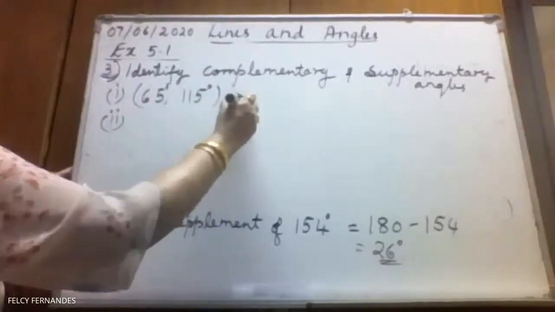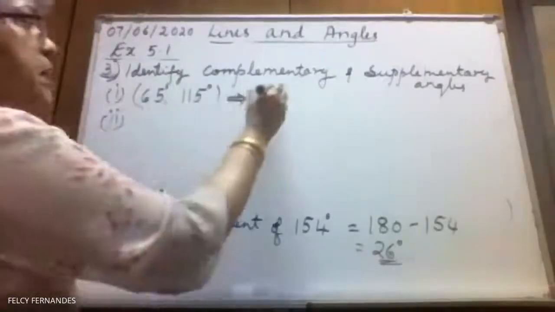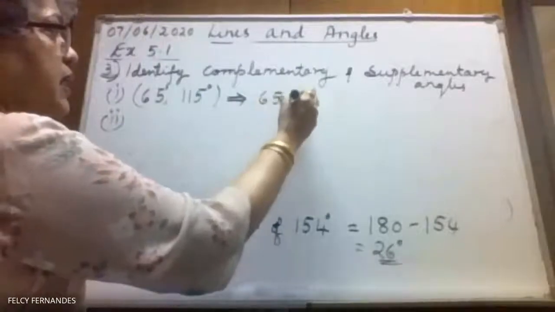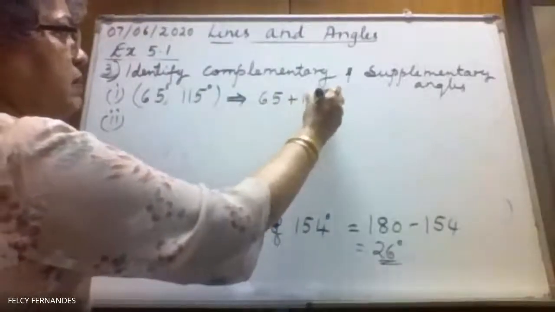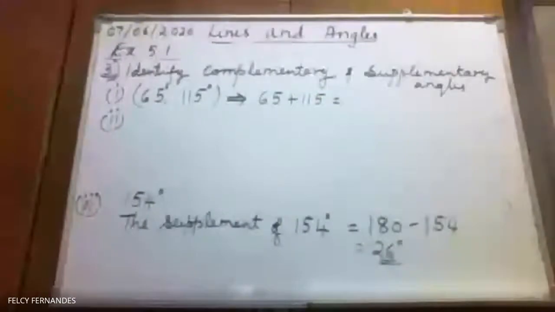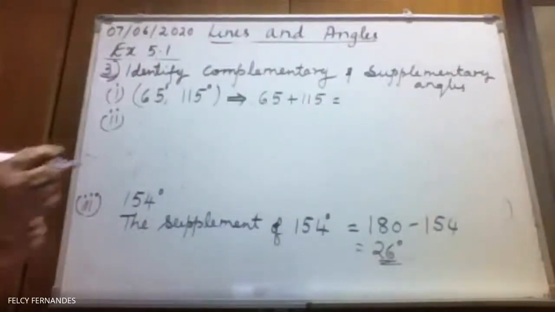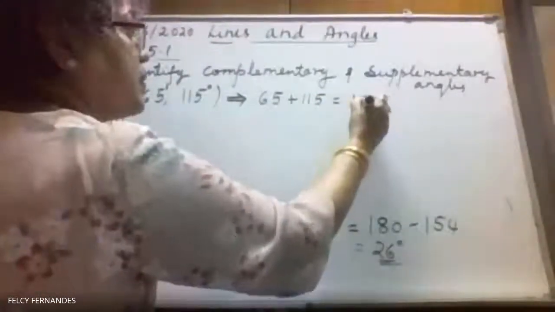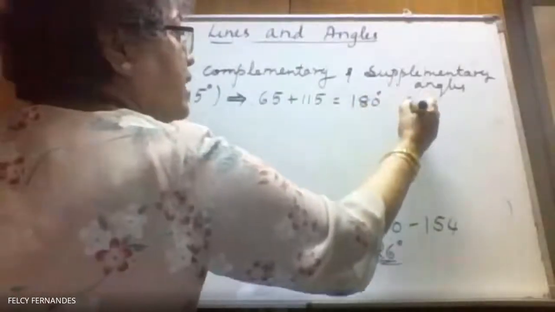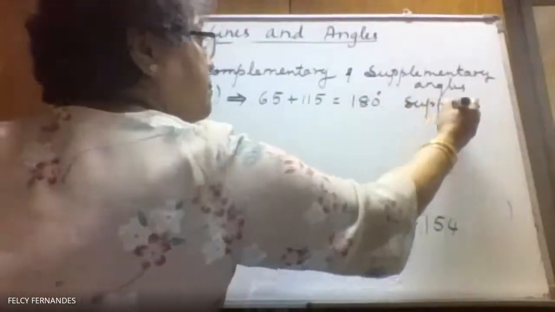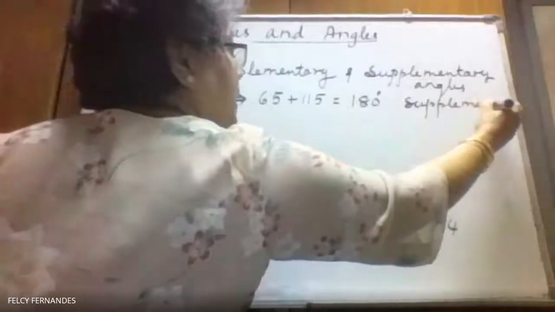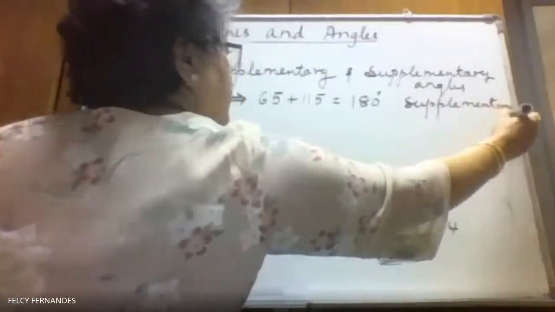Now what we do here is we add up and we check what is the answer. When you add this up, you get the answer as 180. Therefore, we say supplementary. If it is 180, then you should write it as supplementary.